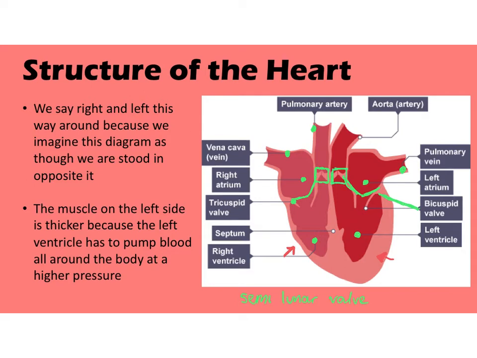When the left ventricle contracts, the semilunar valve will open and the blood will be pushed out through the aorta, which is an artery that takes the blood around the body. And the only bit we haven't looked at is the septum by here. So that's the bit that divides the chambers in the middle of the heart.